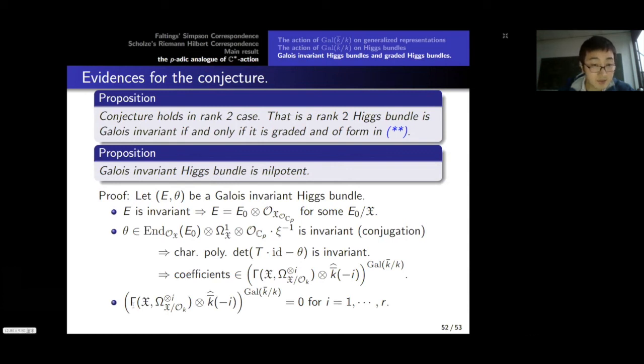On the other hand, we know the Galois invariants of this part are equal to 0 for i equals 1 to r, because of this twist here. So the coefficients are all equal to 0 except the leading term. So we get that (E, theta) is nilpotent.